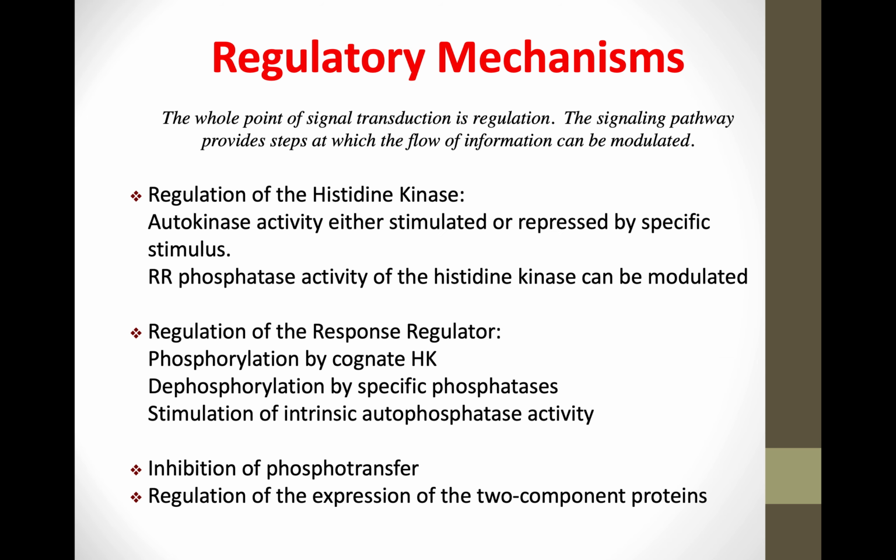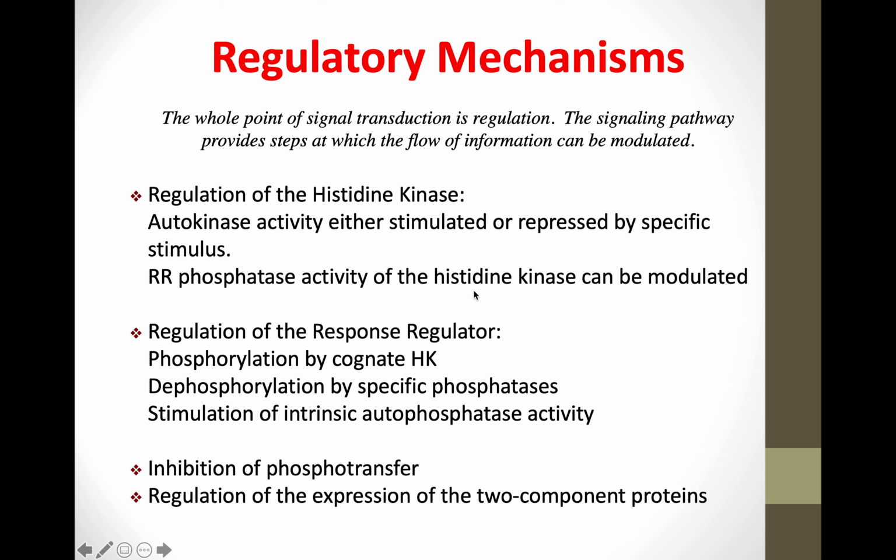Now the regulatory mechanism is such that it involves a lot of the histidine kinase. Regulation starts at the histidine kinase, whereby the autokinase activity is either stimulated or repressed by specific stimuli. For the response regulator, it is the phosphatase activity of the histidine kinase that will be modulated.